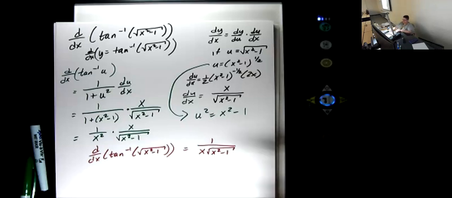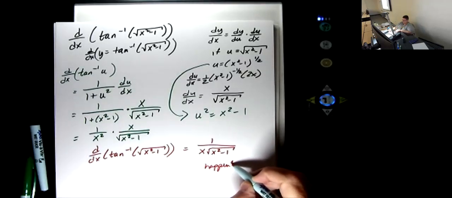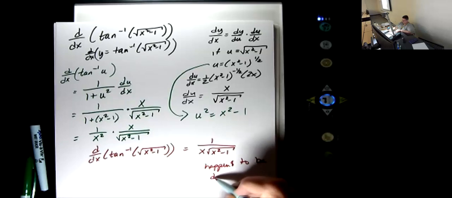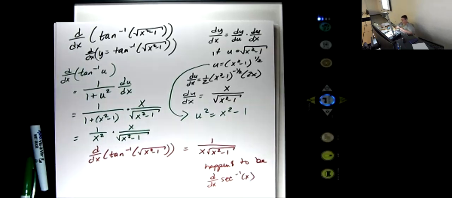Which is crazy, because that happens to be d/dx of secant inverse of x. And that's it.